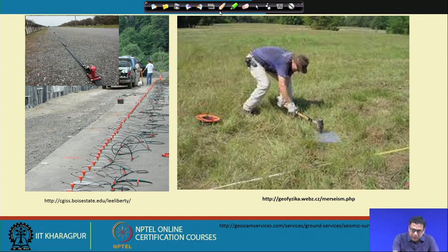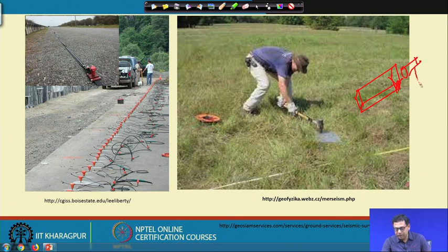Now, if I apply a hammer blow a different way, suppose we have an iron block, we place this iron block on the soil and apply the hammer blow on the side of the iron block.